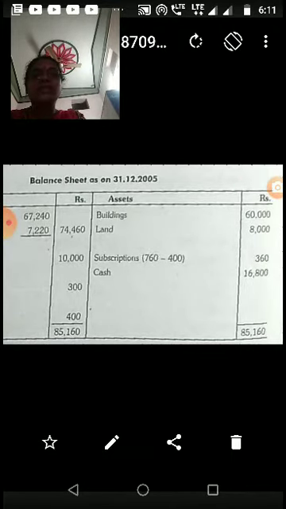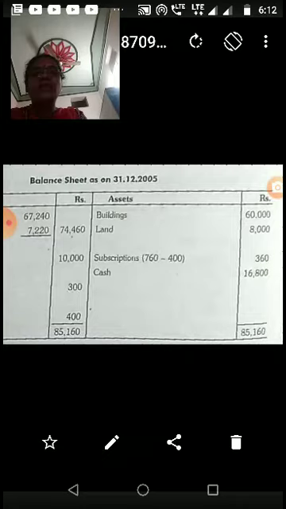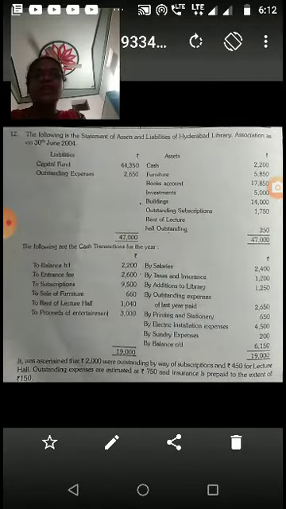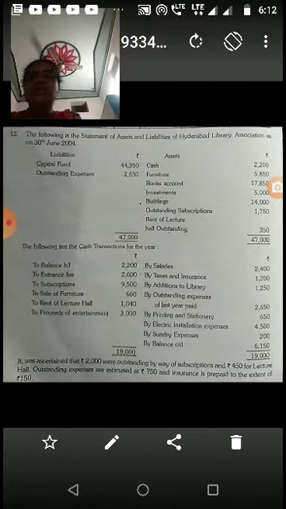Building is 60,000, land is 8,000, subscription 760 minus 400 360, cash is 16,800. The total of the balance sheet is 85,160.